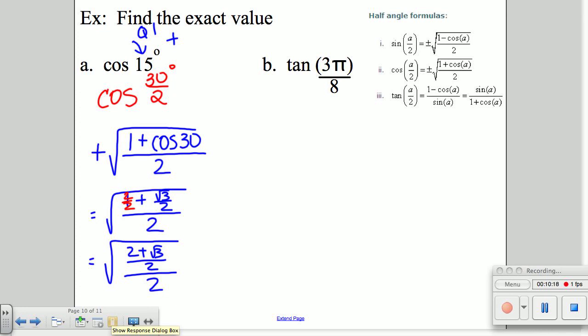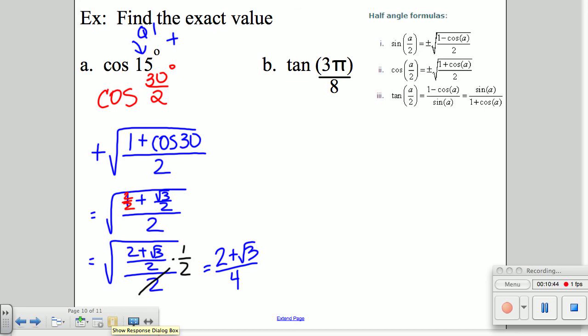And dividing by 2 is like multiplying by a half. So we're going to get 2 plus the square root of 3 all over 4.